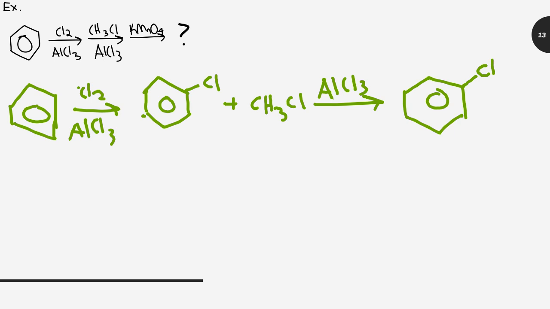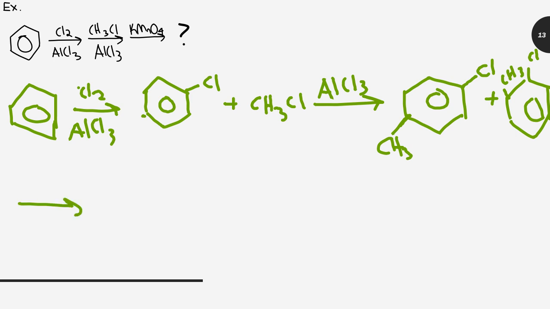What did I just say like 2 minutes ago? So it's going to be ortho para because of the lone pair of electrons. Okay, so it's going to be mostly para, but you can also put the ortho. Okay, so now if I oxidize that, when I oxidize, I turn whatever alkyl group I have there into benzoic acid.